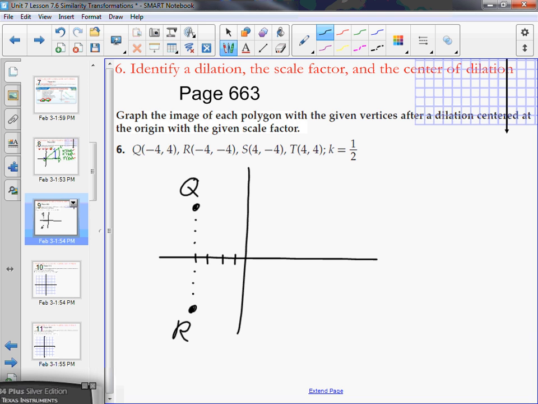That's R. S, x-coordinate of 4, y-coordinate of negative 4, and T, x-coordinate of 4, y-coordinate of 4. So it's all 4s, that's kind of nice. Now, oh, forgot to connect them to make our figure. So that's the graph of QRST.